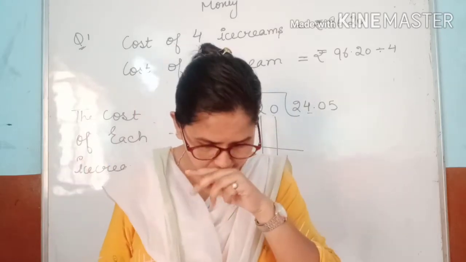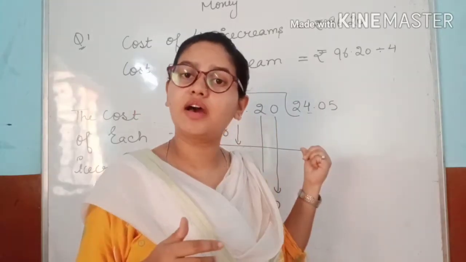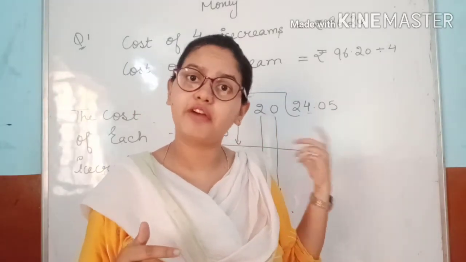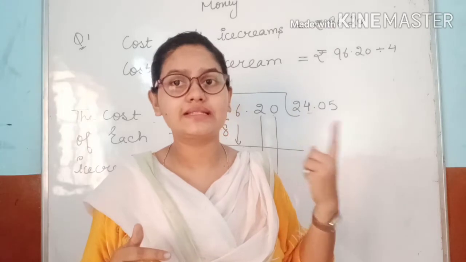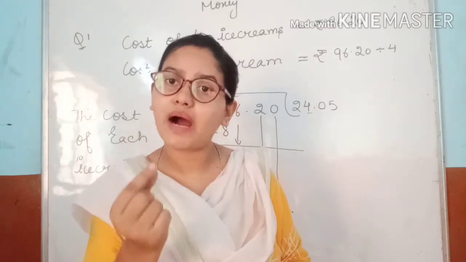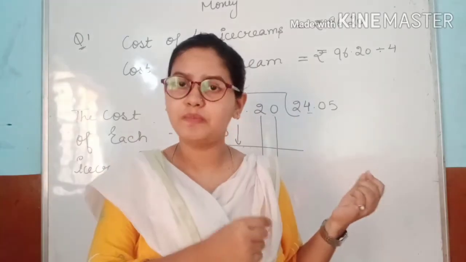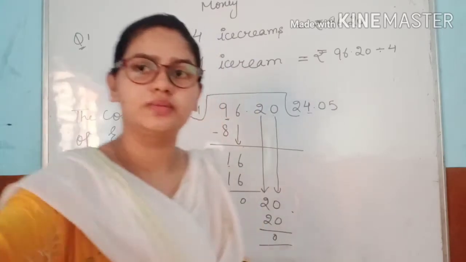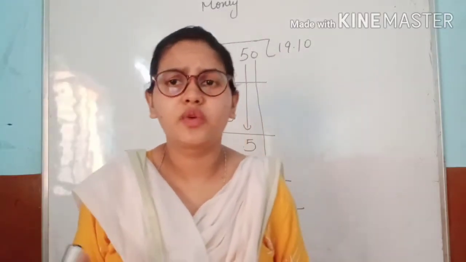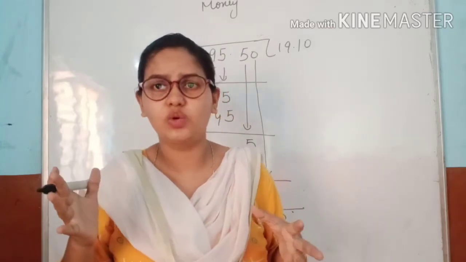How much is each part? We will find out the same way we did with the ice cream, where we found the cost of one ice cream. Similarly, we have to find one equal part of 95.50. So let's do this on the board. What we have to do is division, which is written for us, that we have to divide into equal parts.